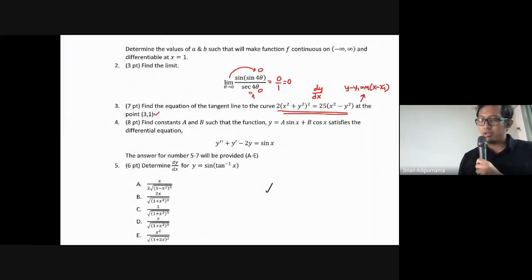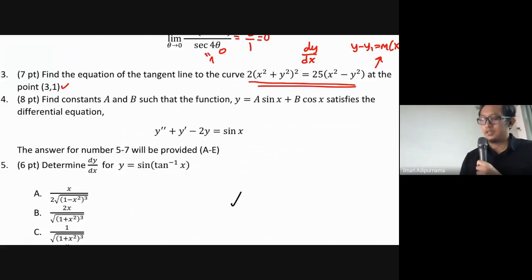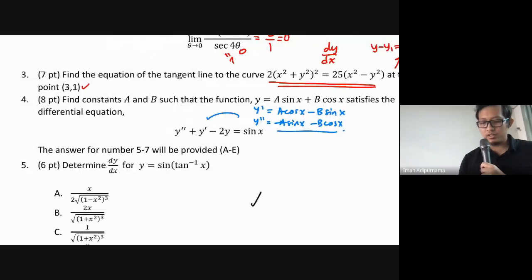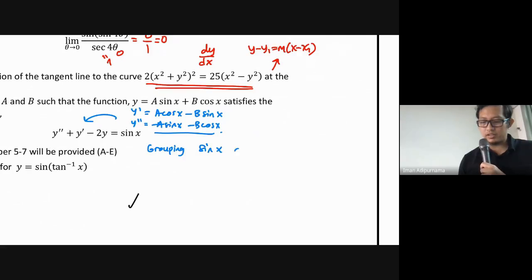Okay. And I think number 4, your TA already gave solutions, right? Number 4 is y double prime or not? Okay. Basically, you find y prime, a cos x minus b sine x, and then y double prime is negative a sine x minus b cos x, and then put all this information into the equation and group sine x and cos x.